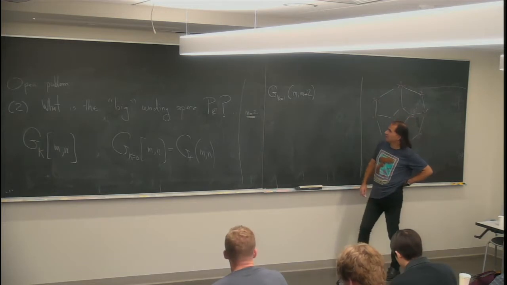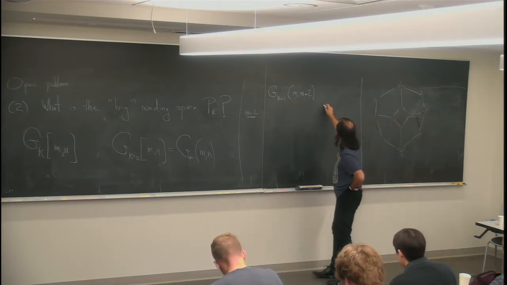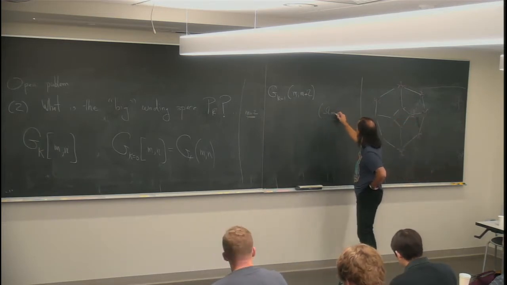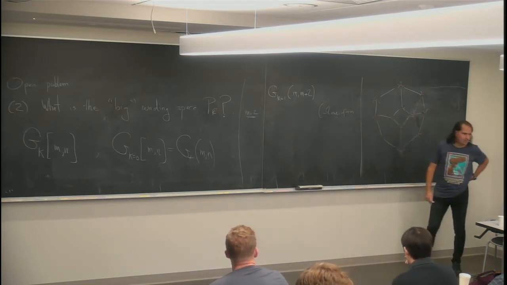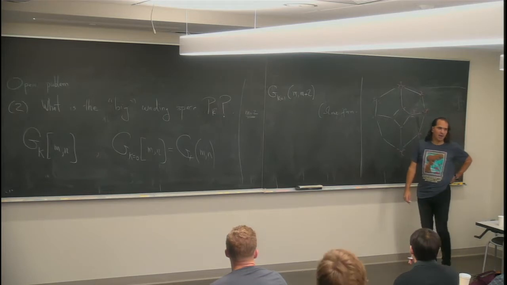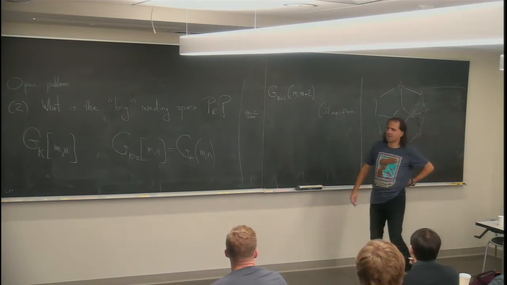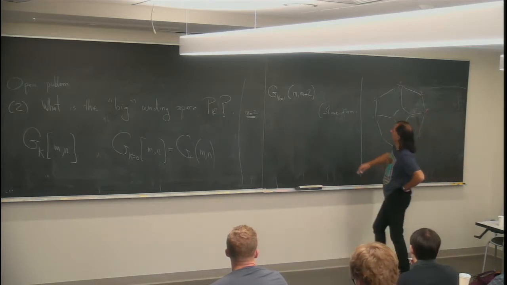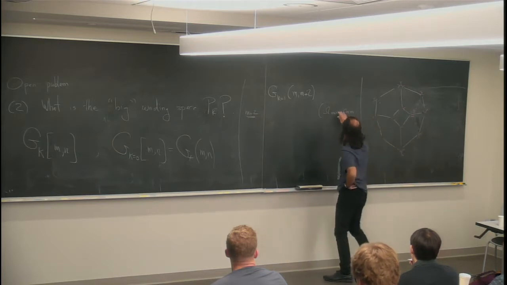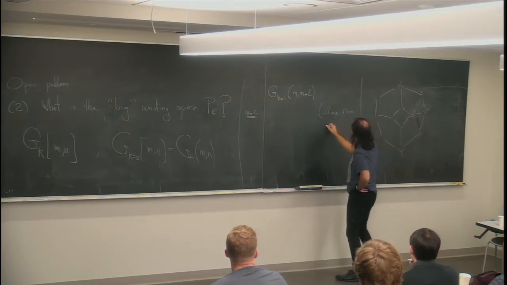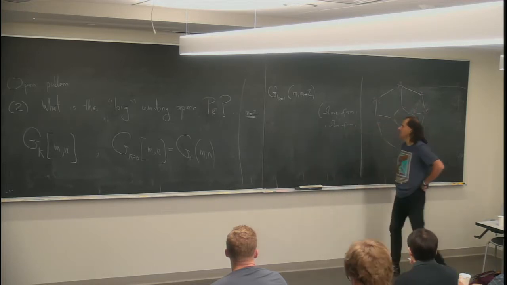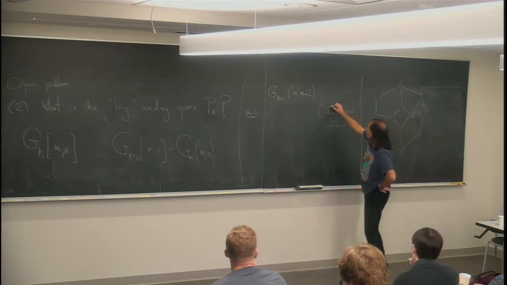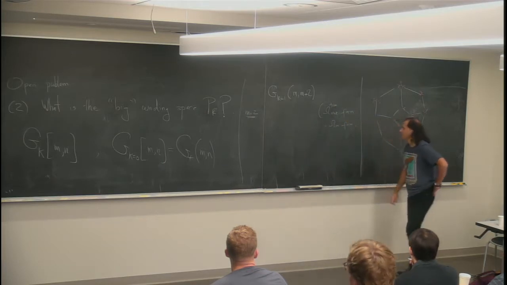So officially from the amplituhedron, remember the amplituhedron is looking for an m times k form, which in this case is just an m form. So the form from the amplituhedron is an m form.